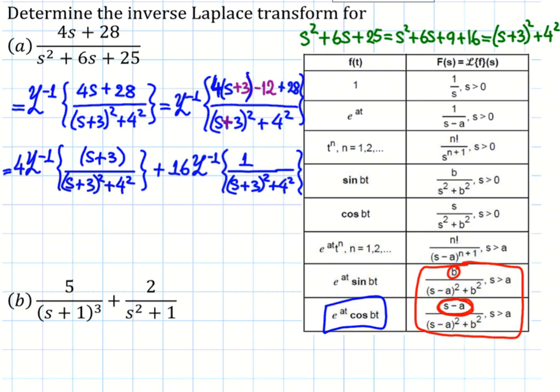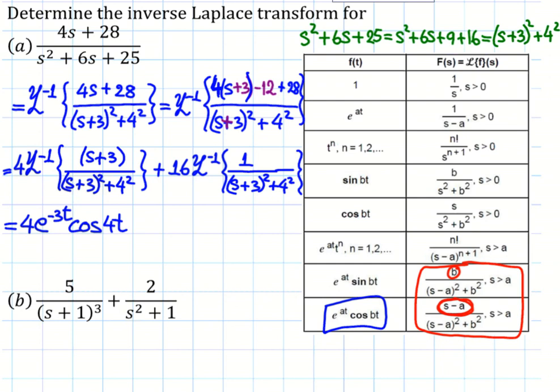So that will be 4 times e to the a t, where a is negative 3, and then we have cosine of bt, where b is 4. So that's what we have.